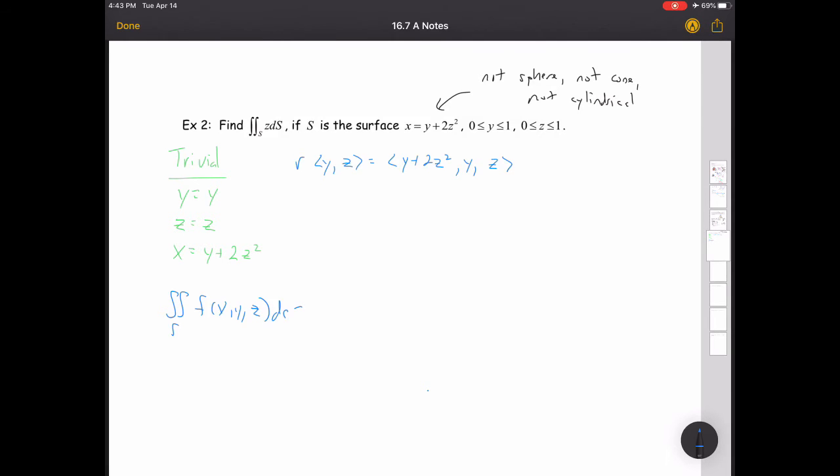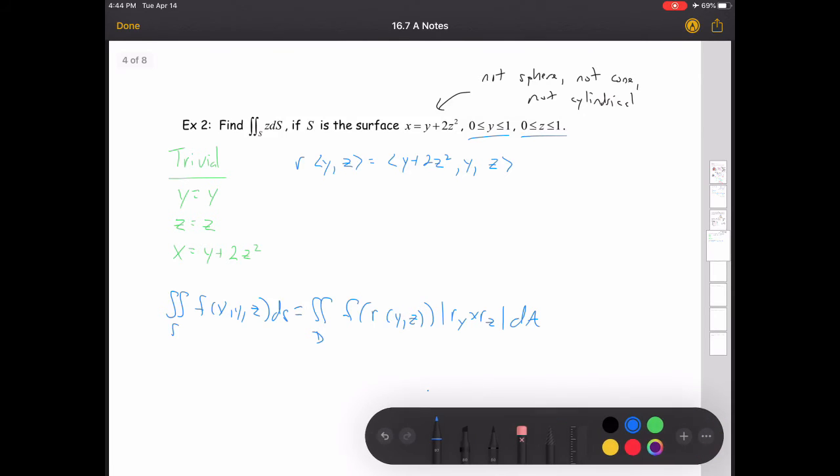We're going to reduce that to some double integral over a domain of our function r of y, z multiplied by the cross product, because this is our dS part, r sub y cross r sub z dA. So then we'll just be able to take the area of the y and z part, and they've given us bounds for y and z right here, which is wonderful. That is going to make it really easy to do.